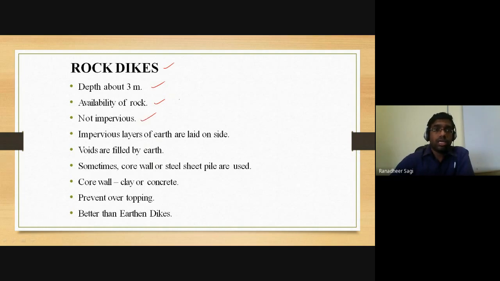And this is relatively not impervious. It is pervious, because in between one rock particle and another you will have large void spaces available.